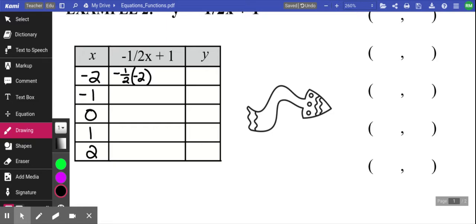What was it? 1. Good. 1 plus 1. So then what's 1 plus 1? 2.